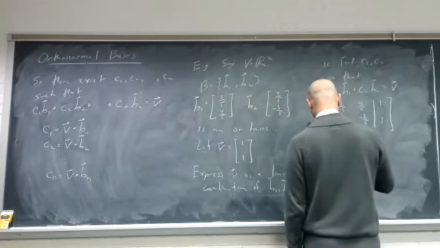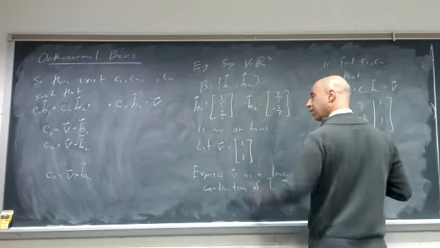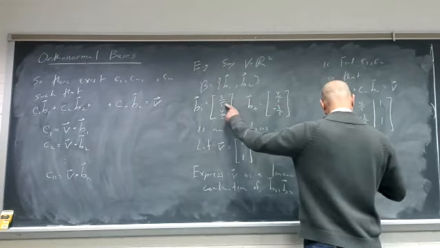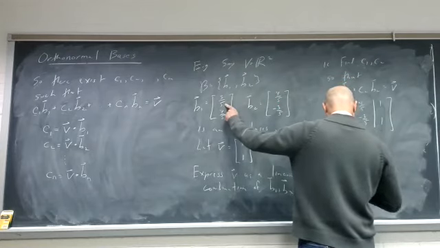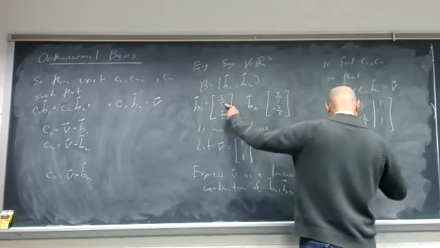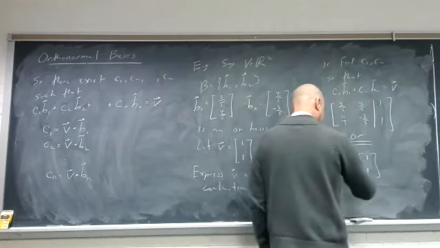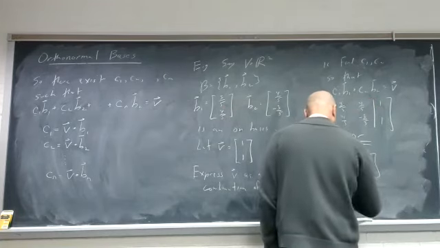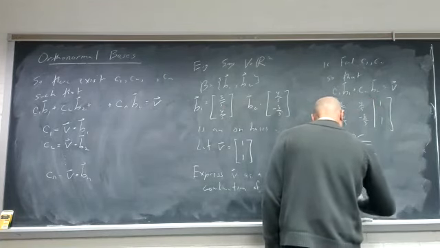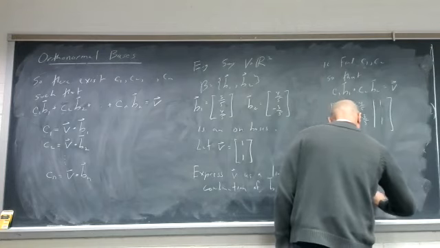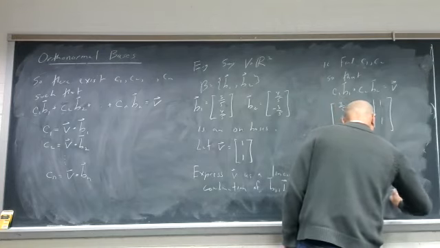say C1 equals 3/5, 4/5 dot 1, 1. In other words, 3/5 times 1 plus 4/5 times 1. Or 7/5.